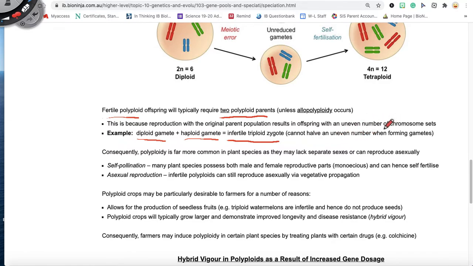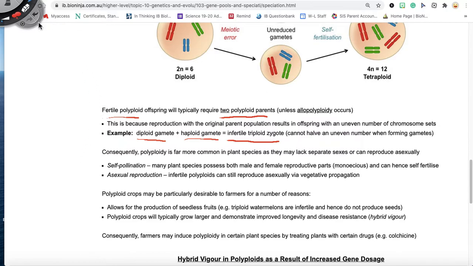Anytime that you have this uneven number, the offspring is going to be infertile. Usually, if it's an even number, they're fertile, but if they're an uneven number, they're infertile.